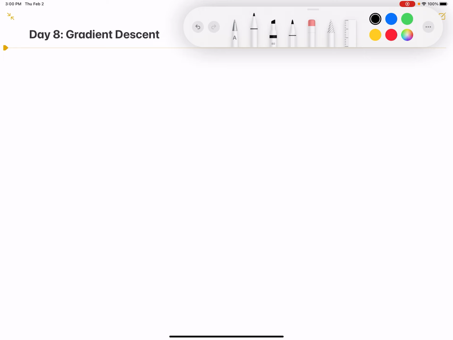All right. So today we're finally going to cover what happens when we call model.fit, which we've been pushing off for a while because we wanted to get the big picture, and now we can start diving deep.